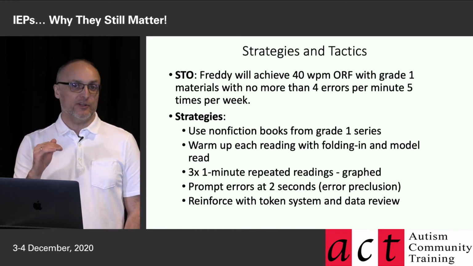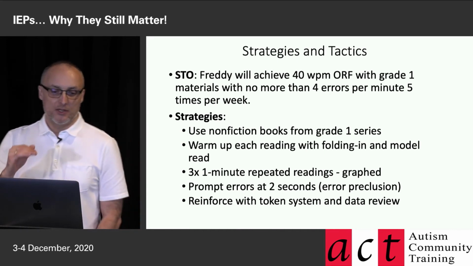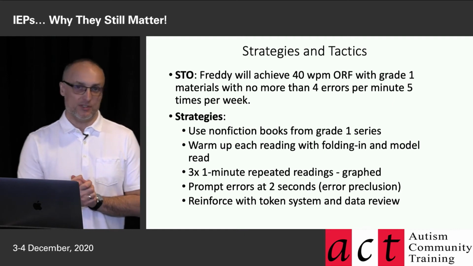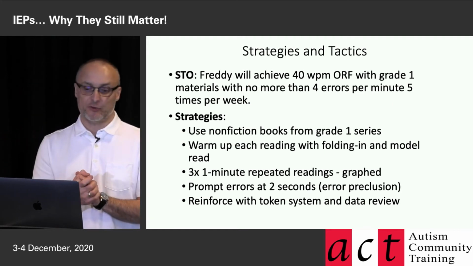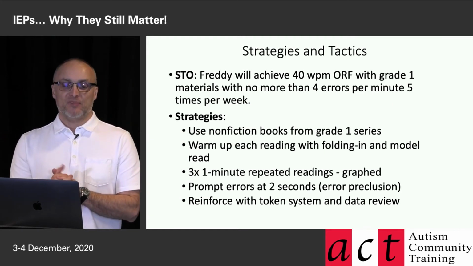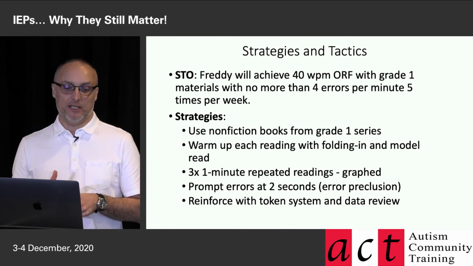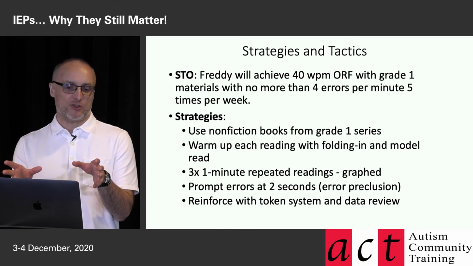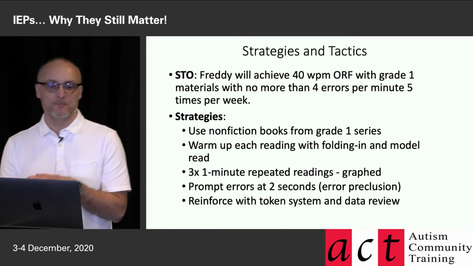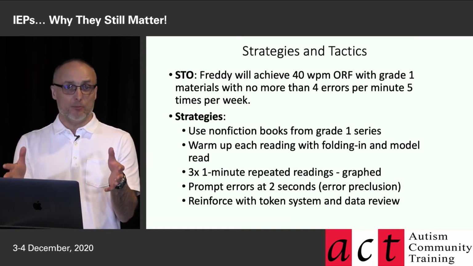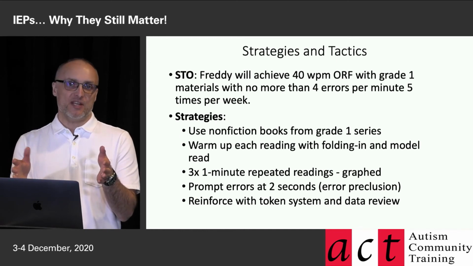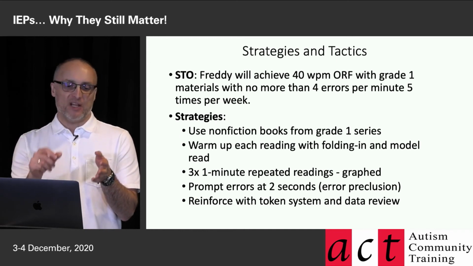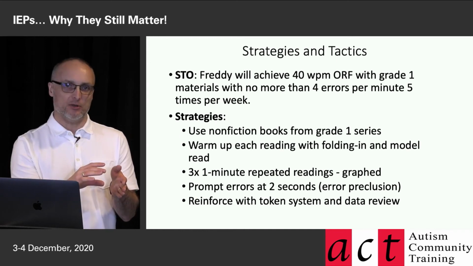Now, the strategies are very specific to achieving that goal. So use nonfiction books from grade 1 series, and you can include the student's preferences for sure and choice in this. Warm up each reading with folding in and model read. And so that does need a bit more explanation, but that's actually what you're going to do with the cue cards. What you will do is have the student read the book, and every time they make a mistake, you'll make a note of the error word, and then you'll take those words and you'll put them onto cue cards.